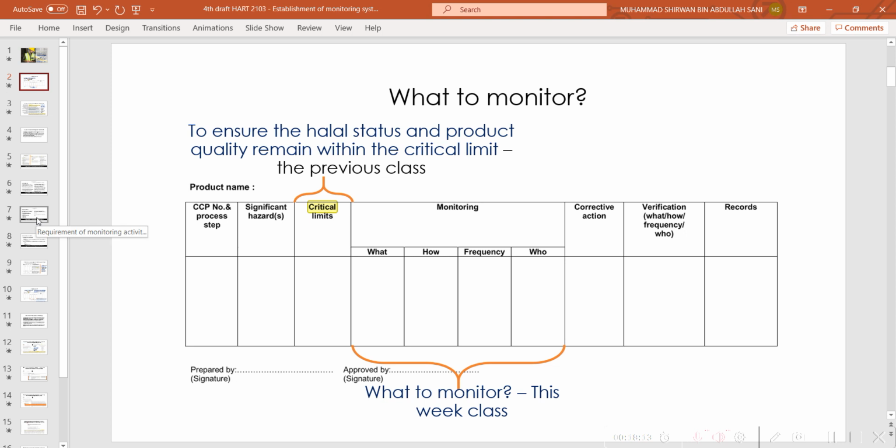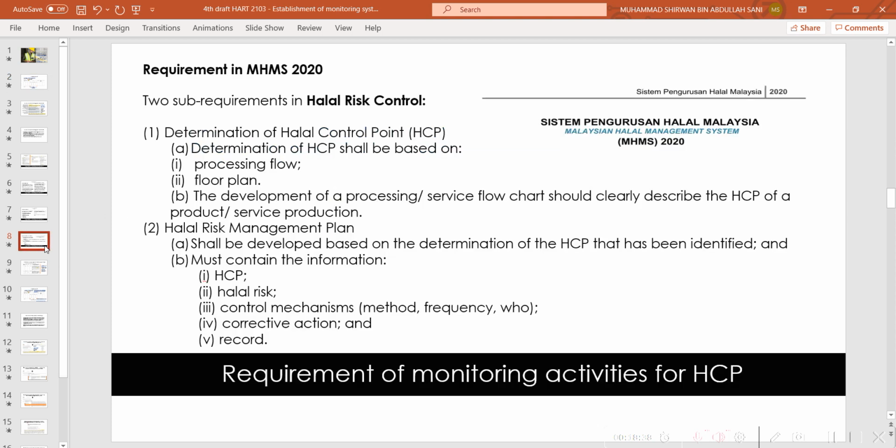So in the future, if you are working as an executive or you are becoming an entrepreneur, if your company wants to get a halal certificate, having this halal assurance system with this table in front of you and the table that Dr. Nurul taught in her session is compulsory for you to develop, to prepare. All right.